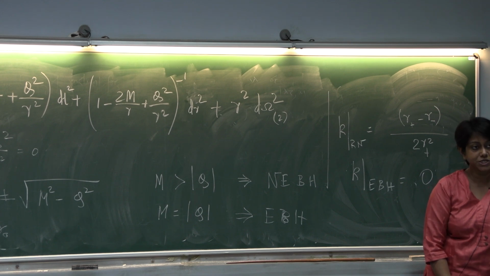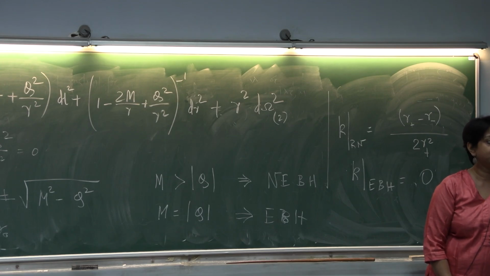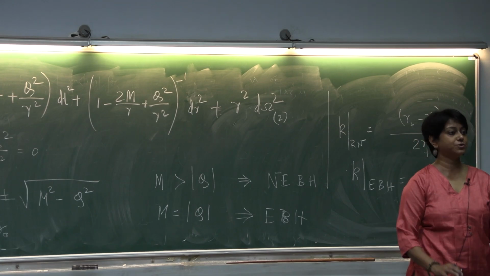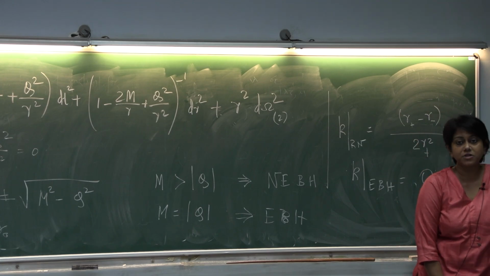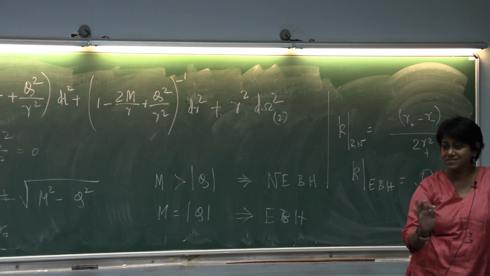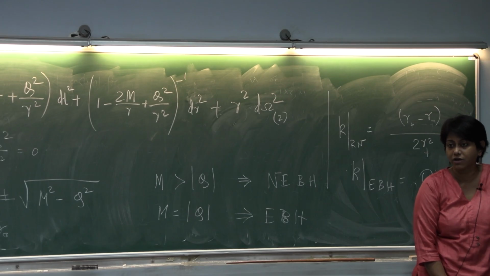But of course for non-extremal Reissner-Nordstrom there is a standard proof, and you can show indeed that the temperature of the thermal bath goes as the surface gravity, where r plus is not equal to r minus. But for the extremal black hole, of course, we are not able to define it. So I hope it is tentatively answering your question of why the extremal Reissner-Nordstrom cannot have Hawking radiation.